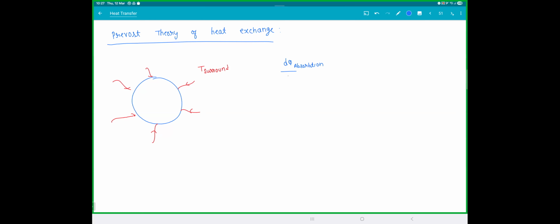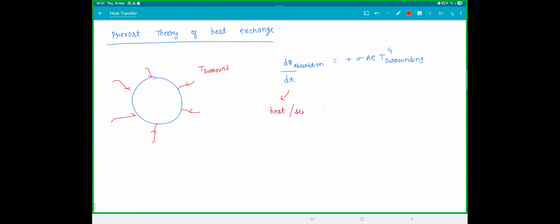Because everywhere if I write dQ by dt, you'll start getting confused about which is which. Plus sigma A E T surrounding power 4. So interestingly, the constants and everything are the same, only the temperature changes. And how much you absorb depends only on the surrounding temperature. It doesn't depend on your temperature.